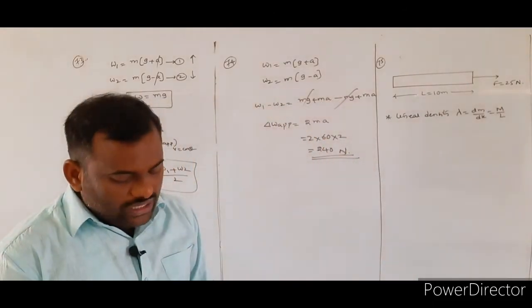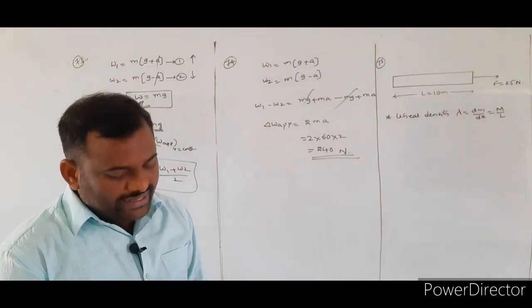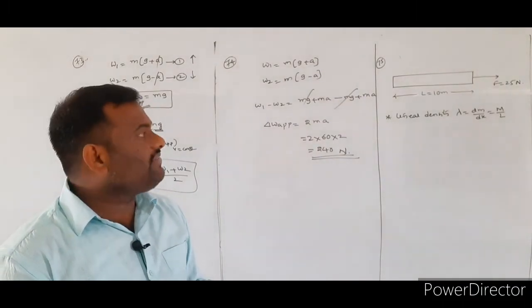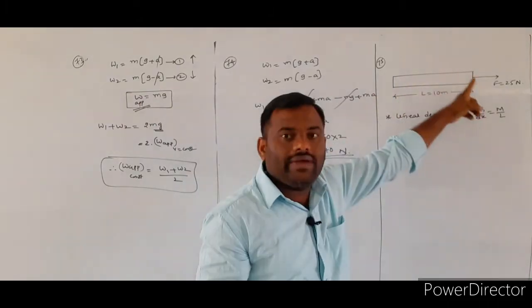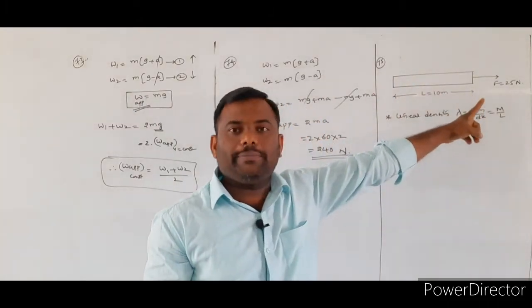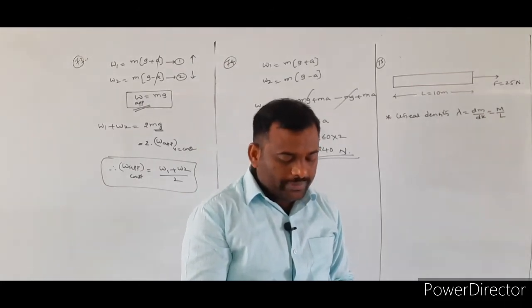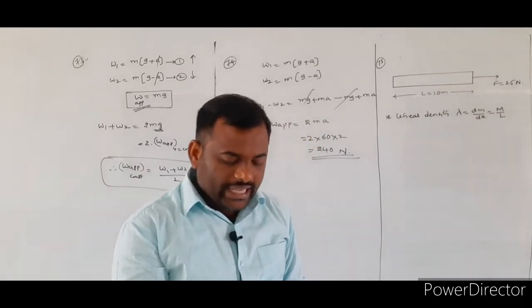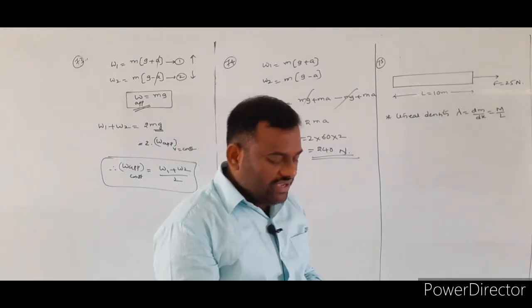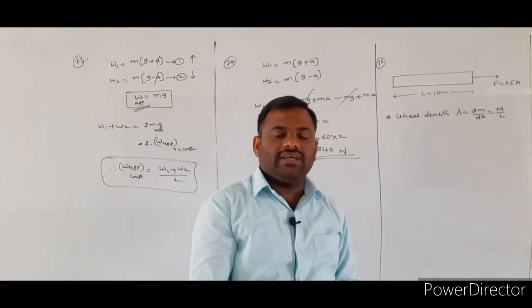If it is pulled by a force of 25 newtons over the given rope, how much pulling force did we apply here? 25 newtons. Find the tension in the rope at a point 6 meter away from the point of application of the force.